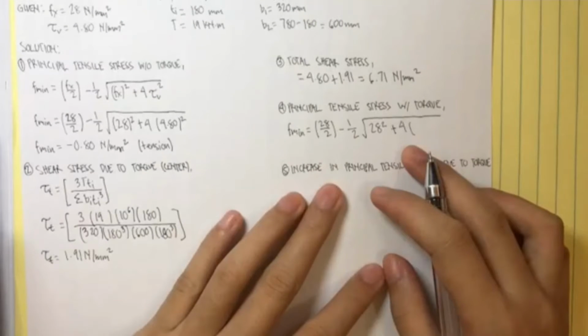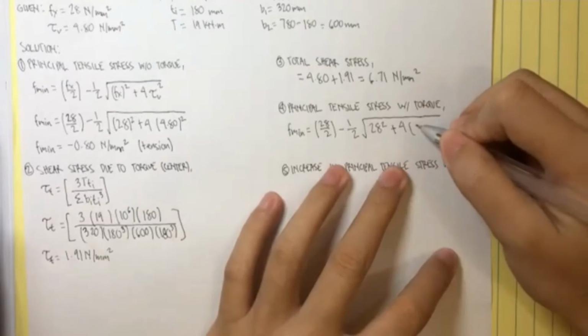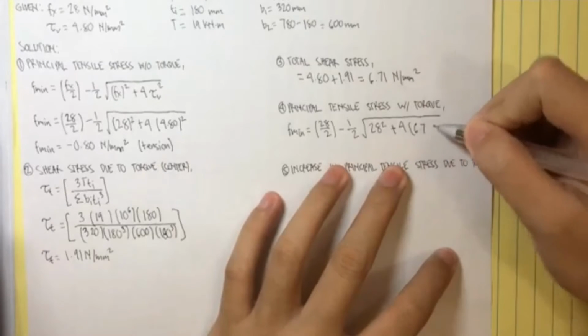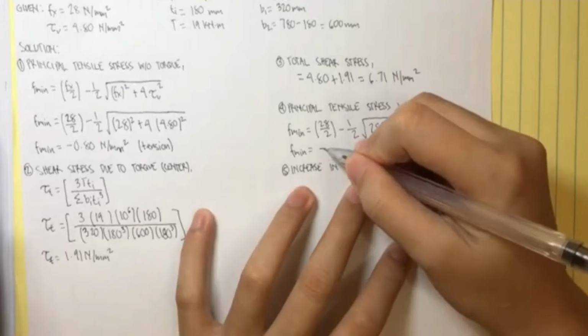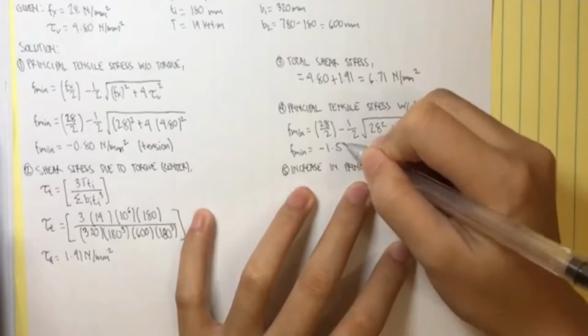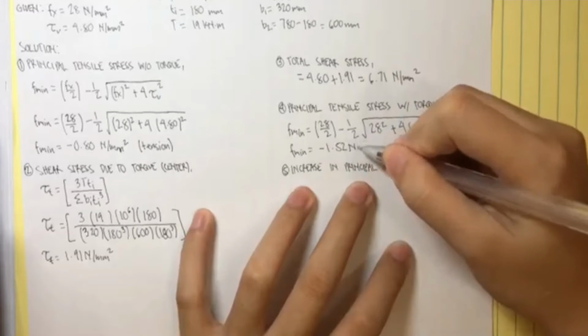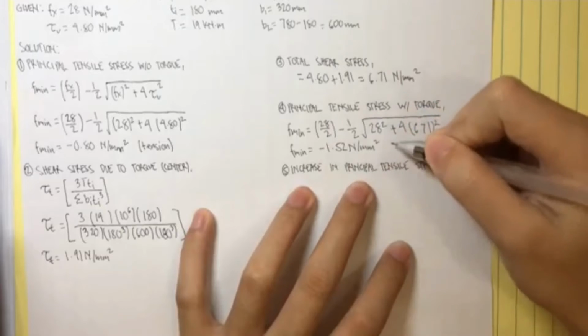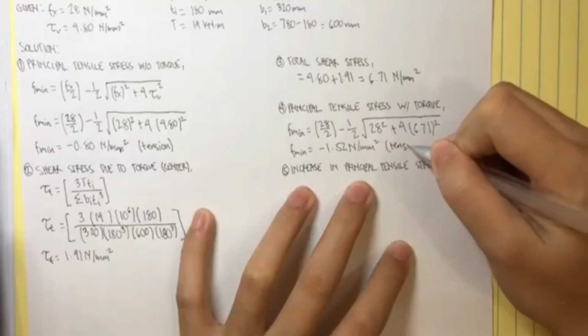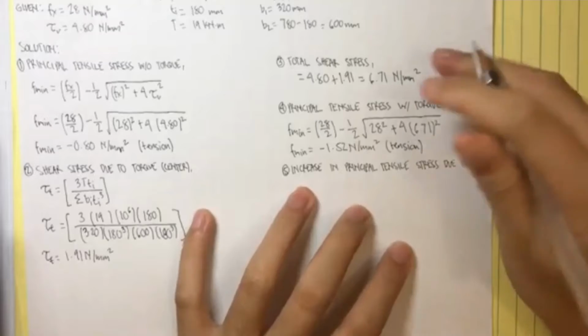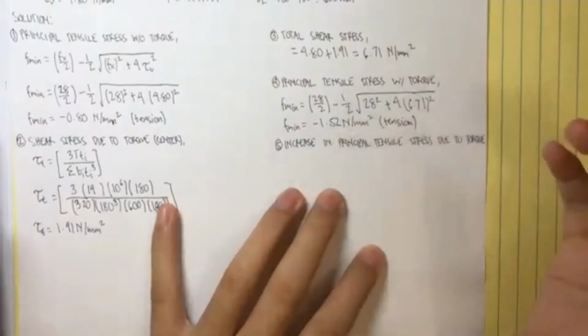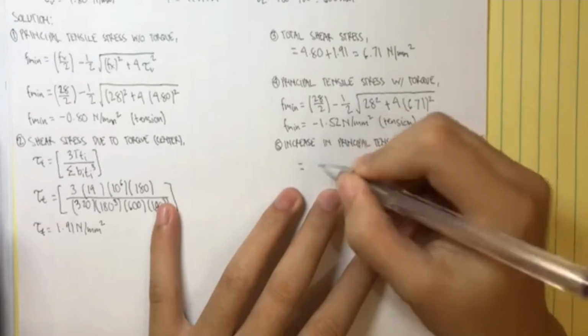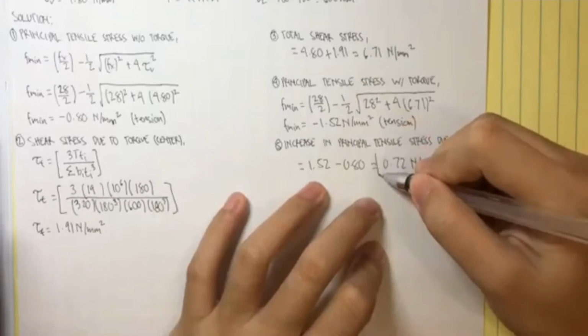Shear stress natin dito is 6.71. Negative 1.52 Newton per millimeter squared. So, with torque minus without torque para makuha mo yung sagot. So ito na yung sagot.